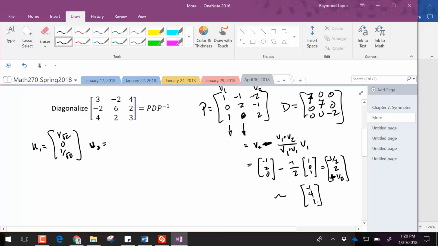So what's the magnitude of that? 1, 16, 17, 18, square root of 18. So negative 1 over root 18, 4 over square root of 18, and positive 1 over square root of 18.